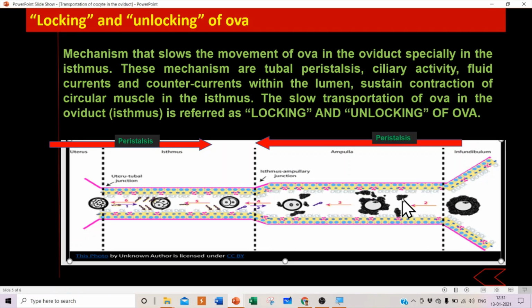But from the isthmus ampullary junction, the tubal peristalsis movement, as well as fluid secretion in the oviduct and countercurrent mechanism, slow down the oocyte movement, and that is referred to as locking and unlocking of ova.